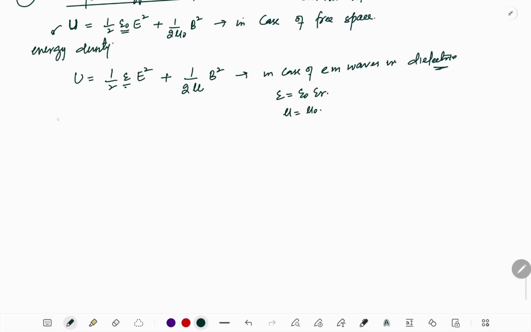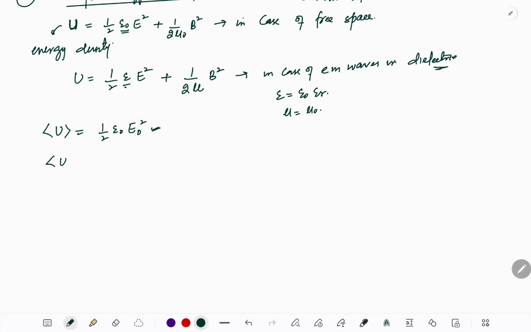Now we know the average energy density in case of the electromagnetic waves in free space is given by 1/2 epsilon 0 E naught squared. This is in terms of E. There is a proof for this. I did all the proofs in the videos.